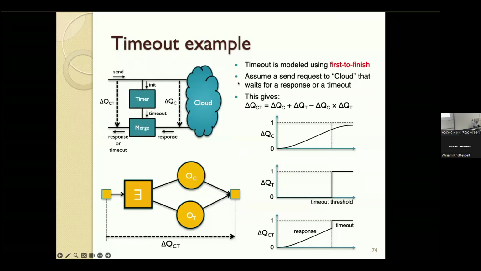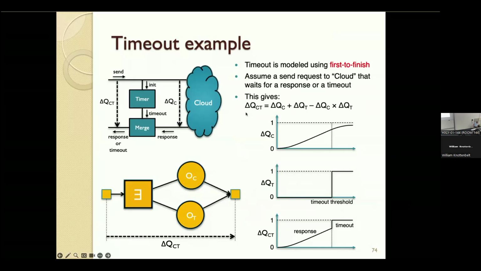So this is modeled using an operator called first to finish. So this is written as follows, a prefix operator using an existential symbol here. So here again, we have a start event, and then we have two things happening in parallel. And the first one that stops is considered to be the stop event of the overall outcome, okay?